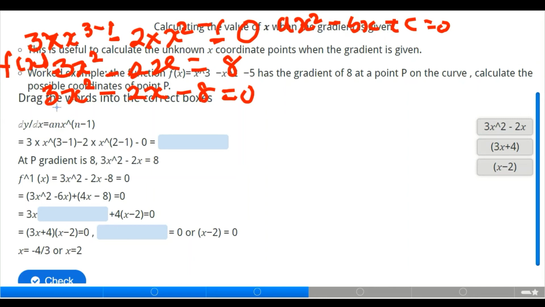Now, for us to get this, we multiply 3 by 8. We multiply 3 times 8. After that, we factorize the middle, which is the coefficient of b here. We need two values that, when you add them together, will give us minus 2, and when you multiply them together, 3 times 8 is what? 24.